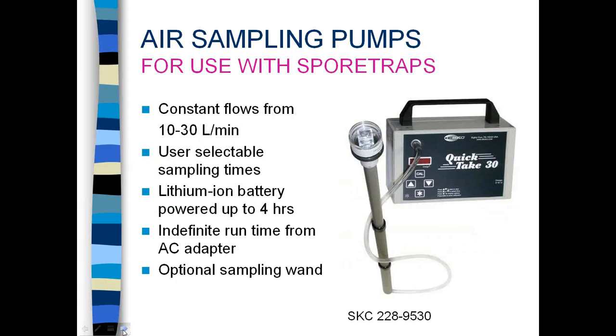The SKC QuickTake 30 is the perfect partner for spore trap cassettes. The QuickTake 30 features constant flows up to 30 liters per minute, user-selectable programmable sample times, lithium-ion battery, and indefinite runtime from the AC adapter.